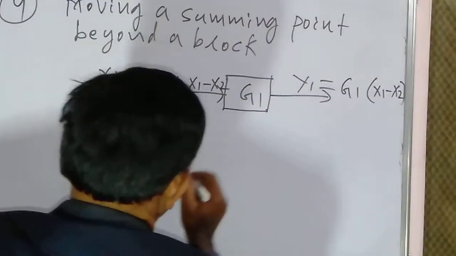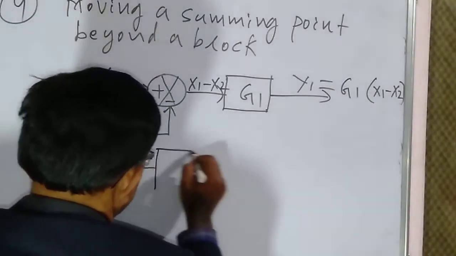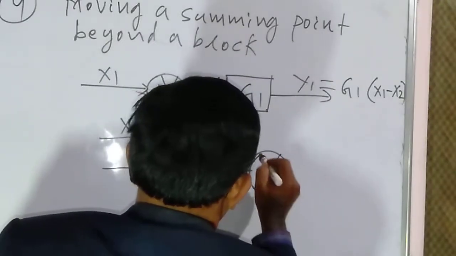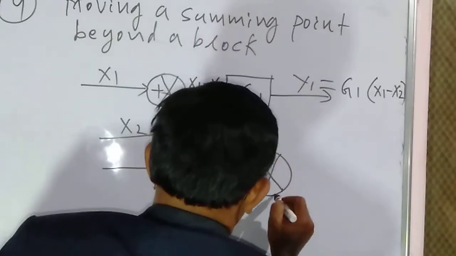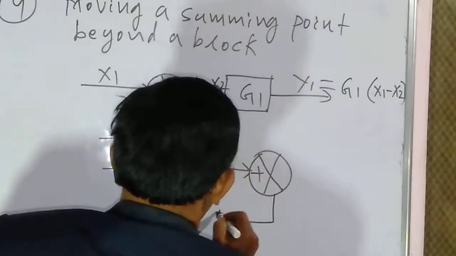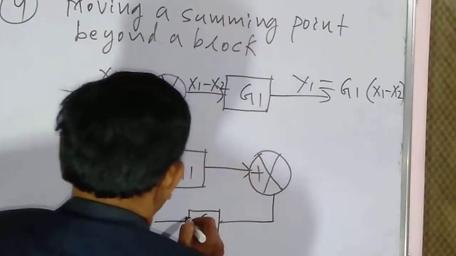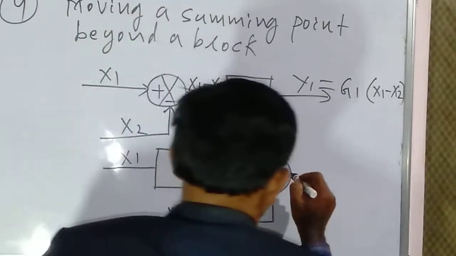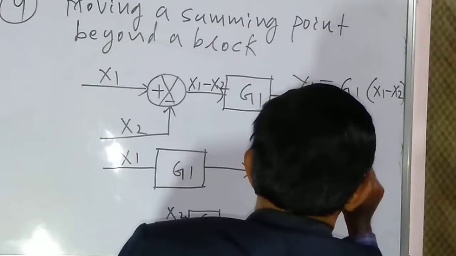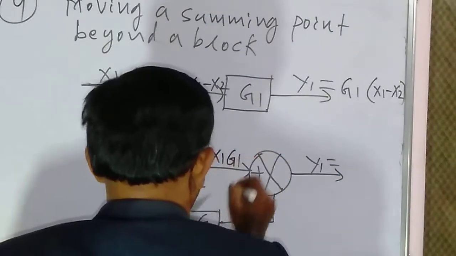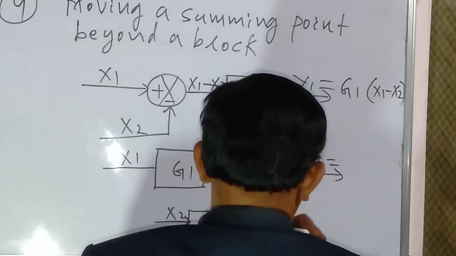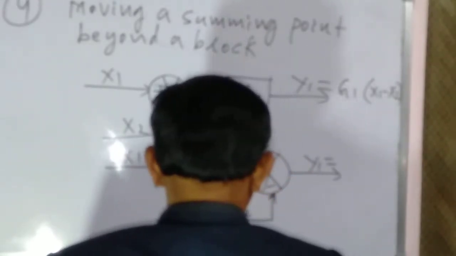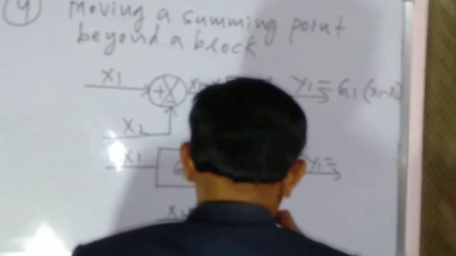So if we move this summing point to this side, then this is x2, this is x1, and this is y1, which is equal to, here we are getting x1 g1 and here we are getting x2 g1.